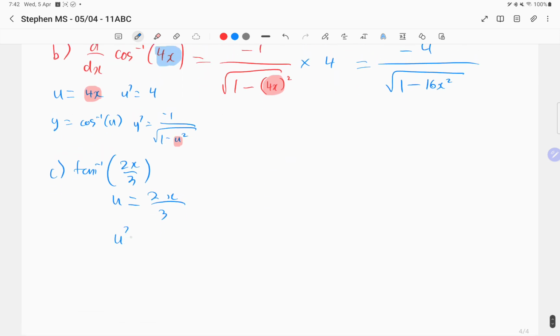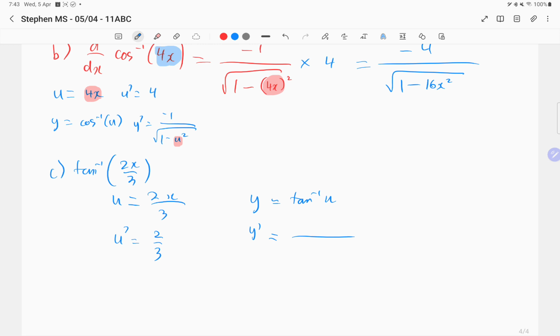So u dash would be 2 on 3, and y equals inverse tangent of u. What would y dash be? There's no a, because that's just one u.